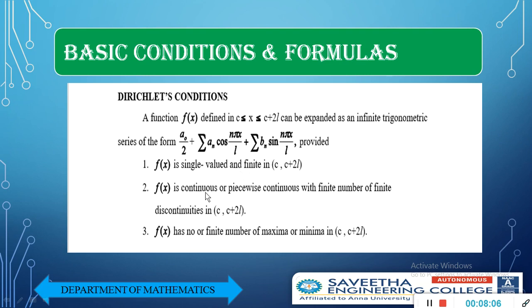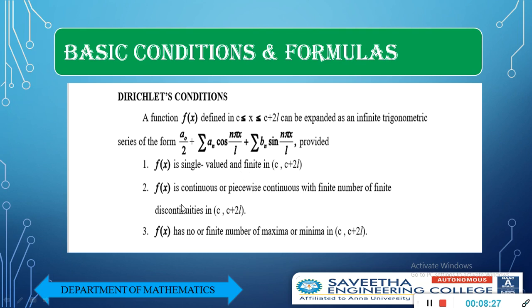Number 2, f of x is continuous or piecewise continuous with a finite number of finite discontinuities. Number 3, f of x has no or a finite number of maxima or minima in c, c plus 2l.